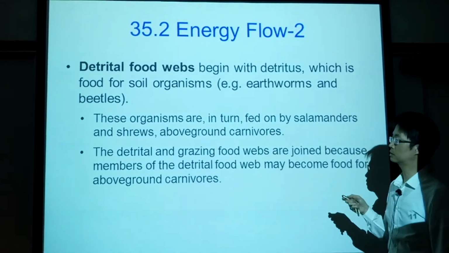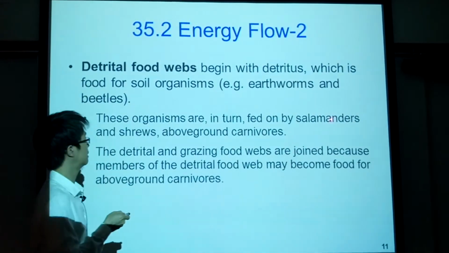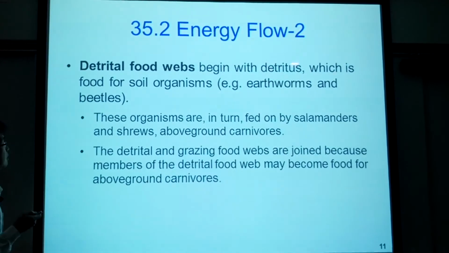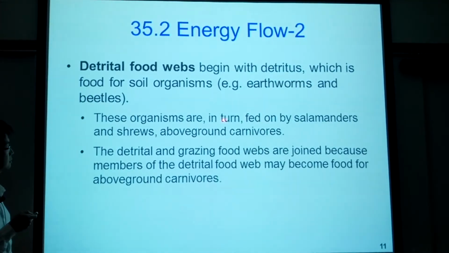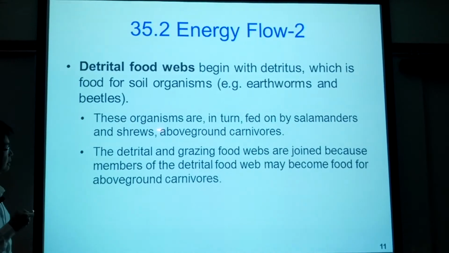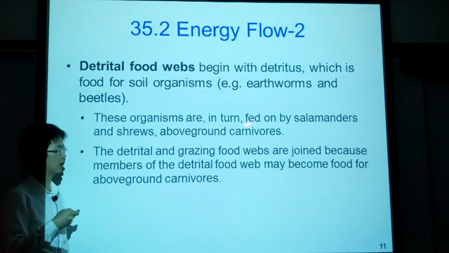Now the detrital food webs. The detrital food webs begin with the detritus, which is the food for the detritivores. These are the detritivores. The detritivores can be fed on by the salamanders, shrews, or other above-ground carnivores.